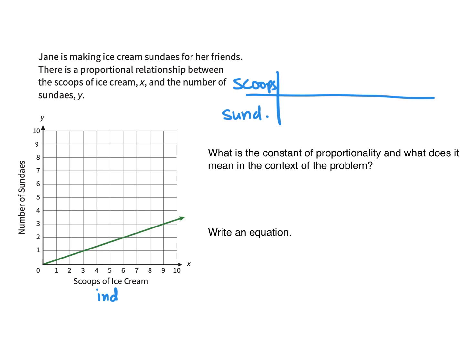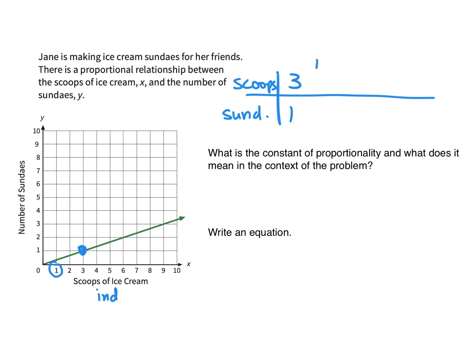We always want to think about 1 on the x-axis. Now in this graph, it's hard to tell exactly what it is if I look at just where the 1 is. I don't know for sure where that is for the y-axis. So I'm going to use a point that's really easy to read. So I'm going to look at this one instead, where I can easily see that 3 scoops is 1 sundae.